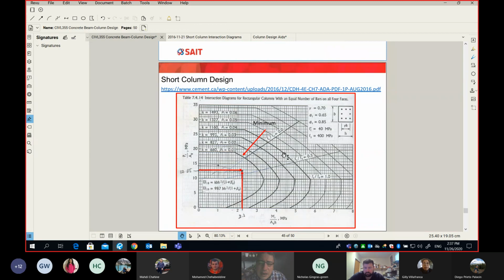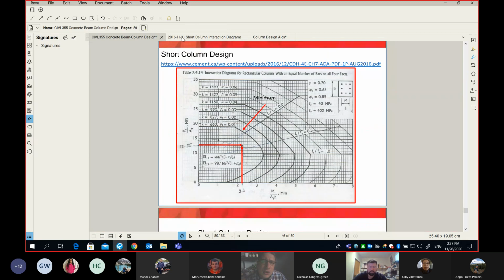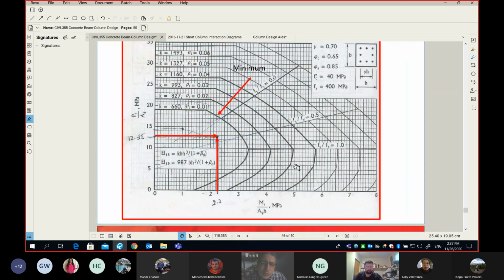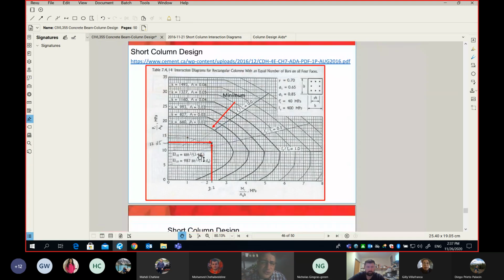I'm not going to go to the interaction diagram on the chart here because I already copied it to my slides. So now you have two numbers, 12.35 on the vertical and 2.19 on the horizontal.